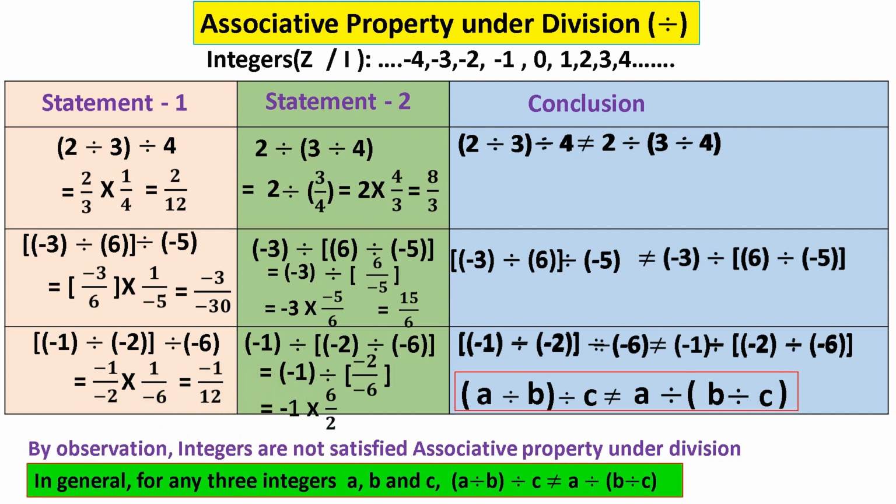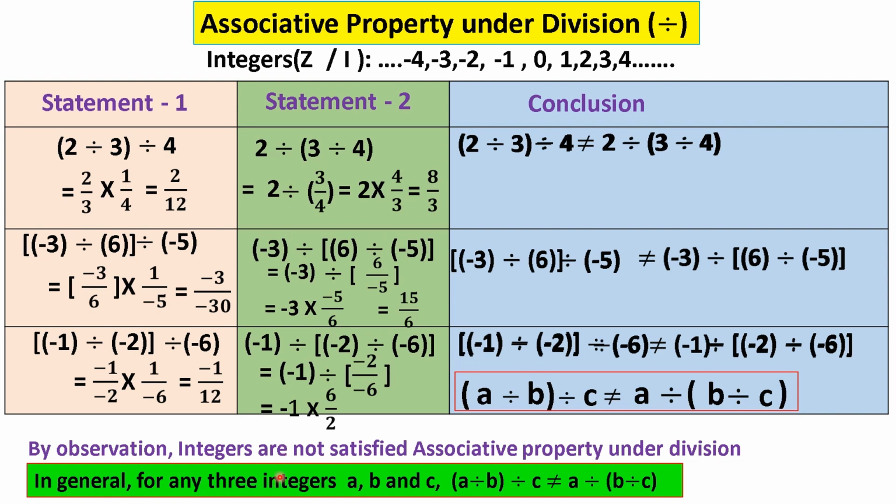In general, for any three integers a, b and c, a divided by b divided by c is not equal to a divided by b divided by c with the last two grouped. So from this table, the associative property under division is not satisfied.